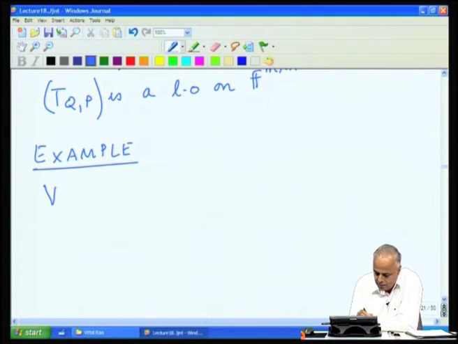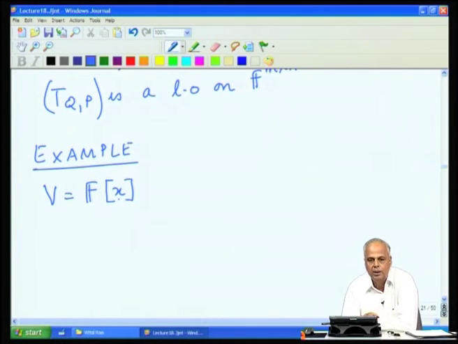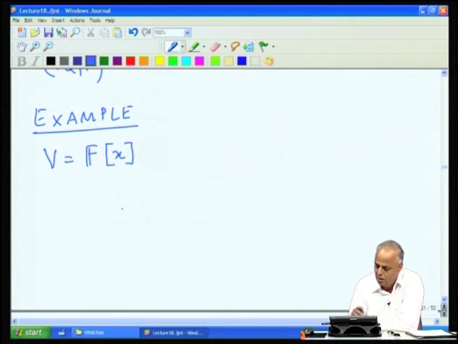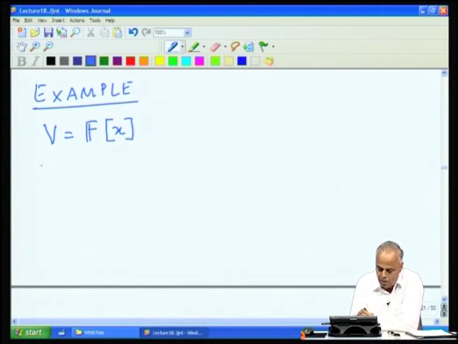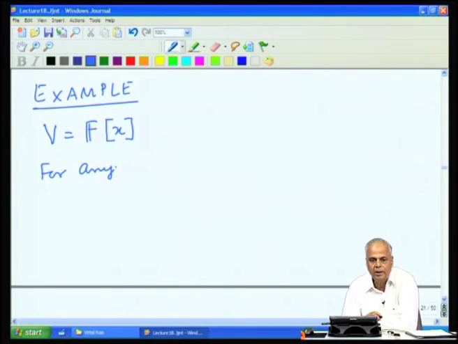Let us consider the vector space of all polynomials over F in the variable x. So, F[x] stood for the vector space of all polynomials. Now, what are the vectors in V? They are all polynomials, so we will denote one by p.